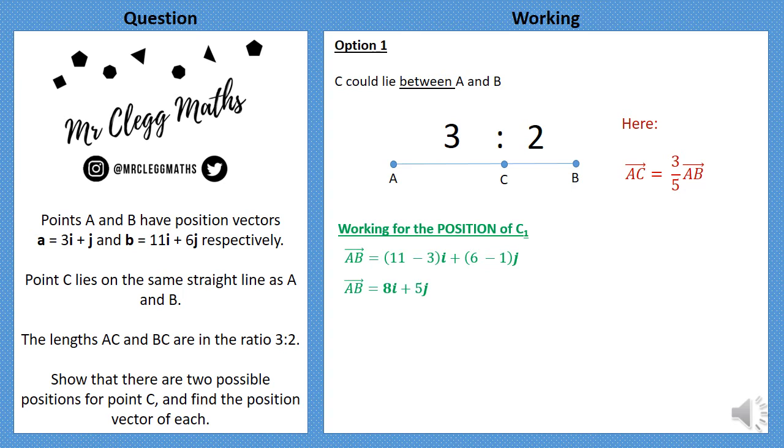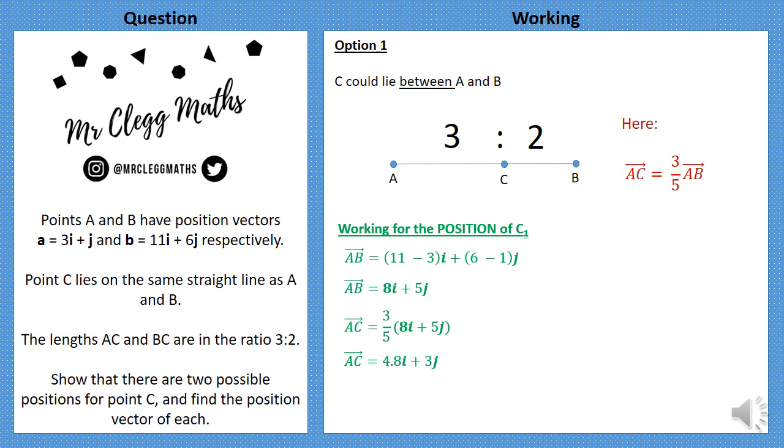So I know that AB as a vector is 8i plus 5j. We know that AC is 3/5 of that. We looked at why that was the case a minute ago. So all I need to do is 3/5 of those two components. So I know to get from A to C is 4.8i plus 3j.